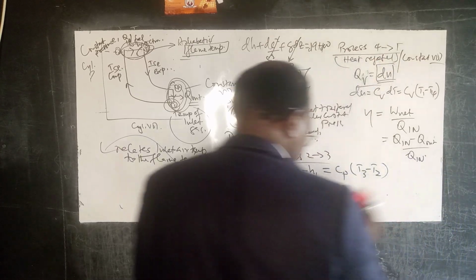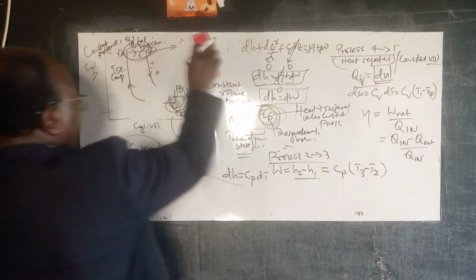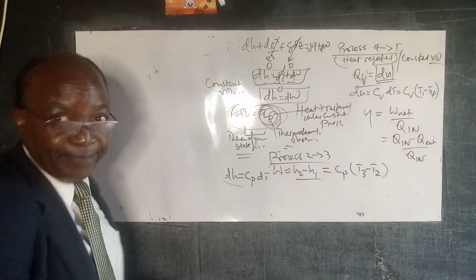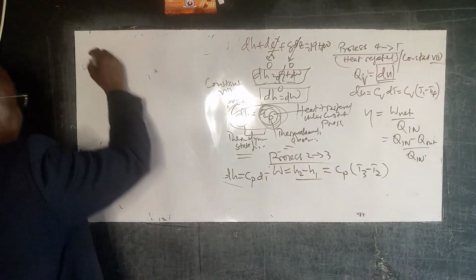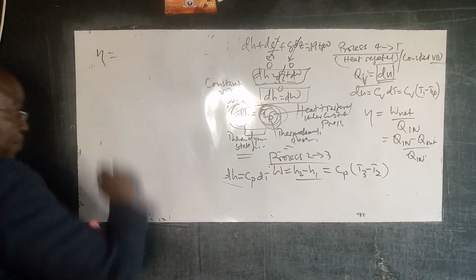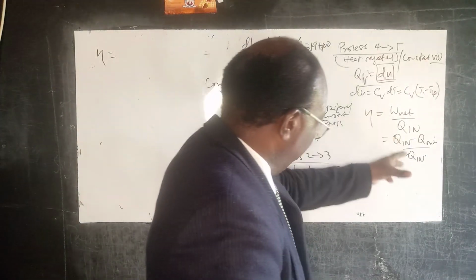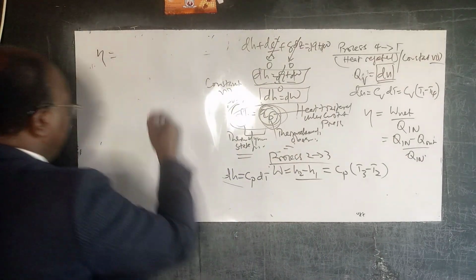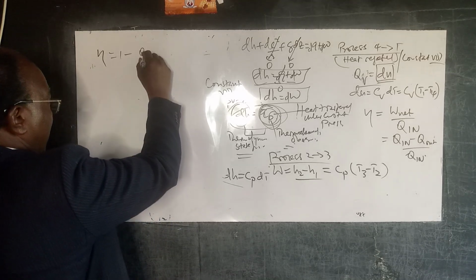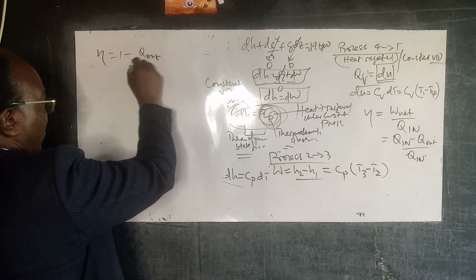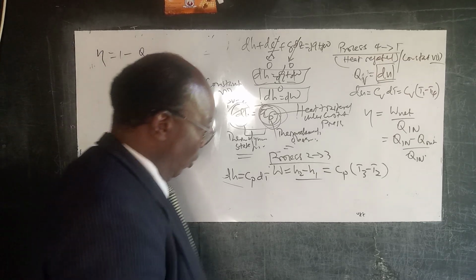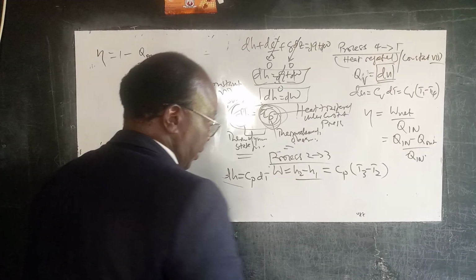And so eta, which is the efficiency in this particular case, for the combination of the processes there, will be given by 1 minus Q out over Q in.